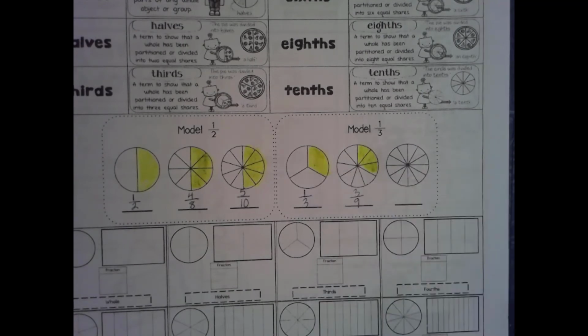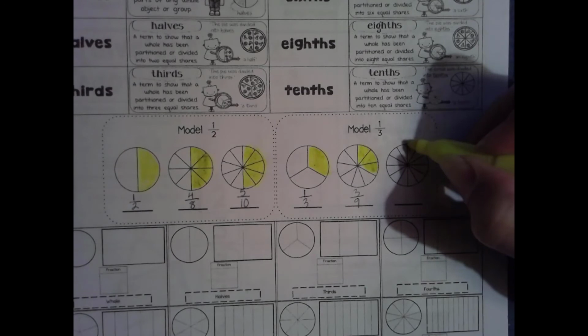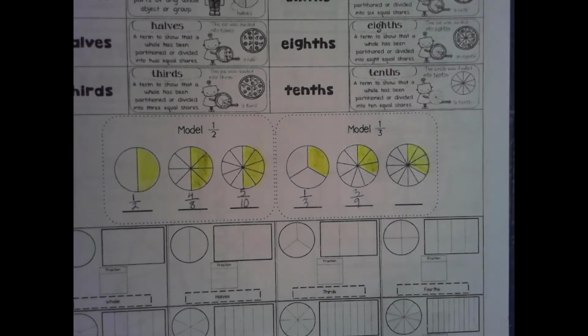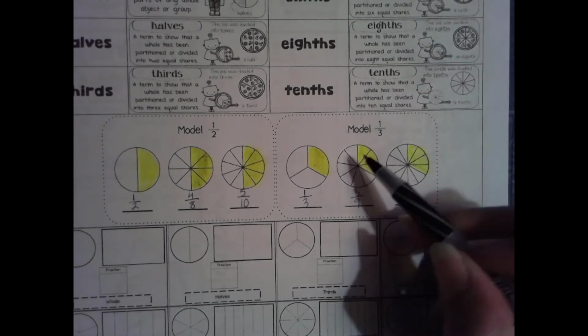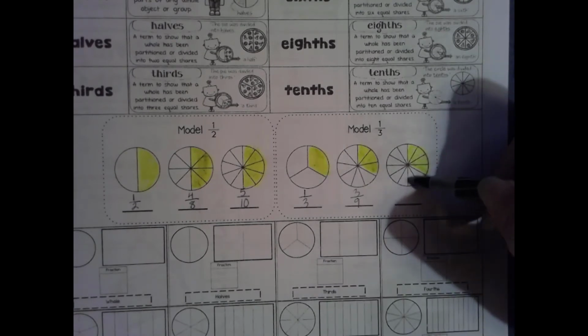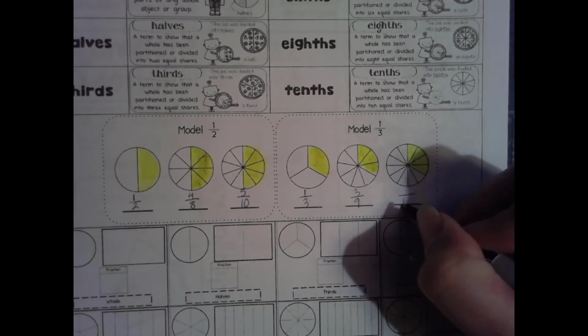Okay, for this one, we want to shade the same area. I'm going to go straight up and then down at that angle. So same area shaded in on all 3 of these. But now we have 1, 2, 3, 4, 5, 6, 7, 8, 9, 10, 11, 12 pieces.